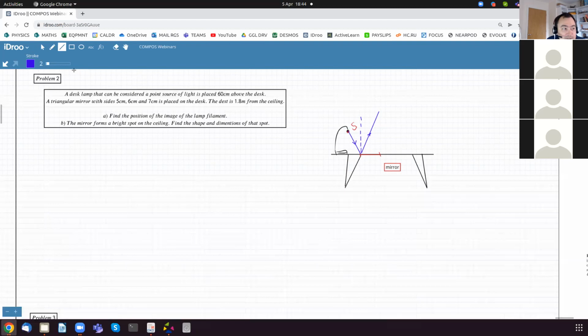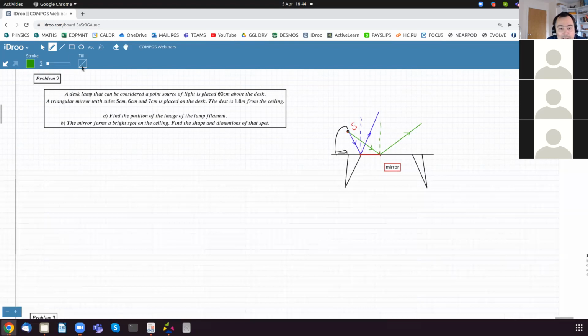And then you draw a second ray of light. Let's use a different color for that. And it is being reflected like this. Same principle: angle of incidence is equal to the angle of reflection. I hope you're all familiar with these terms from GCSEs, because otherwise you're going to have a tough time doing this.